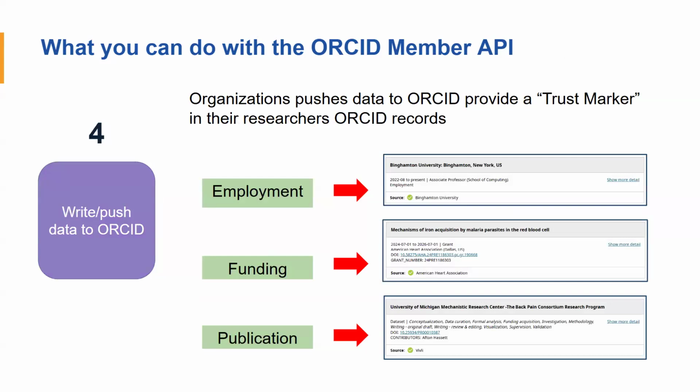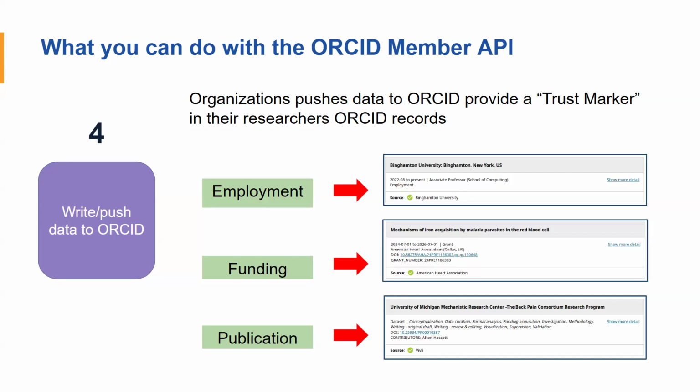And this is about writing or pushing data to ORCID. The ORCID member API allows organizations to write data to their researchers' records. We can see examples here where Binghamton University pushed employment information to their researcher, letting everyone know that this individual works for Binghamton University.